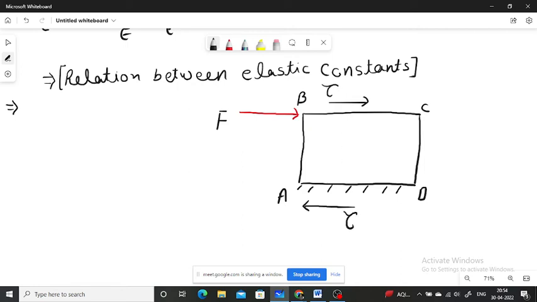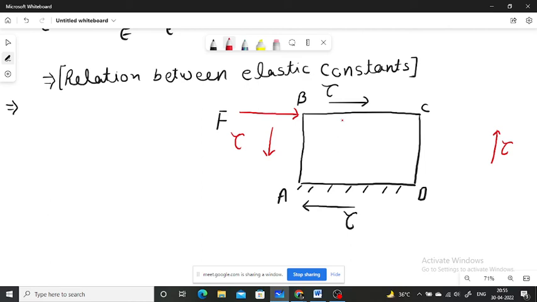The complementary shear stress produced in the face AB and CD due to the shear stress which is produced by the force F is opposite to the direction of this shear stress. This complementary shear stress is opposite in the direction of the actual shear stress. Okay.